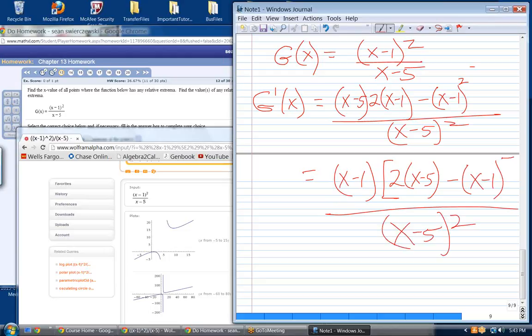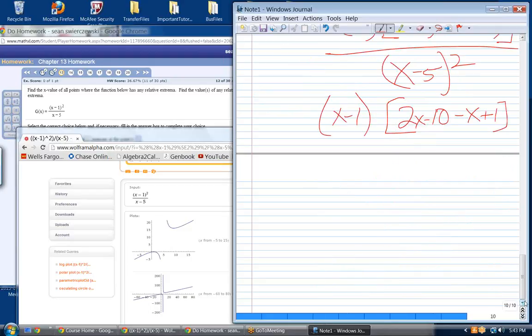And let's see, now if we simplify 2x minus 10 minus x plus 1 all times x minus 1.